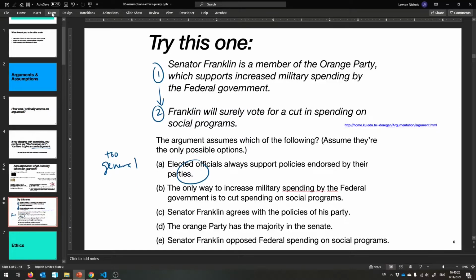If 2 was saying something like Franklin will surely vote for a cut in increasing military spending, you see how this one does not imply 2 in this case.